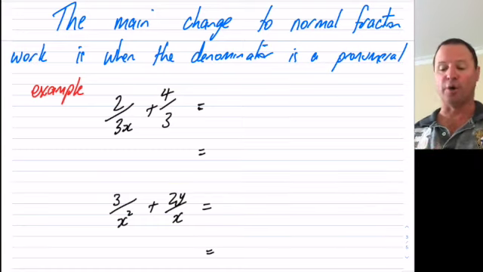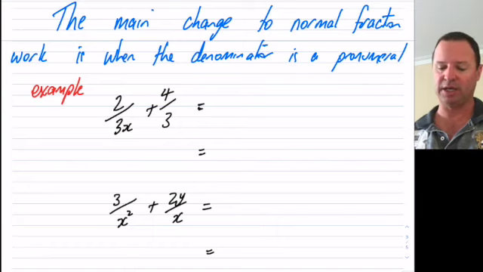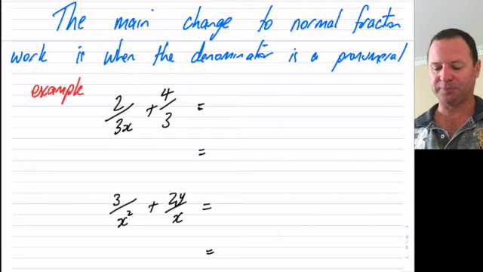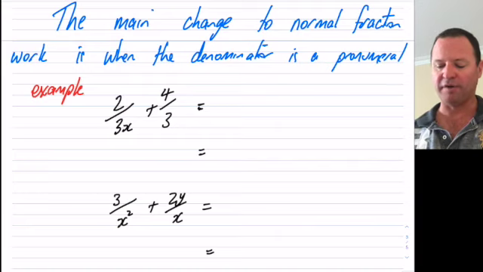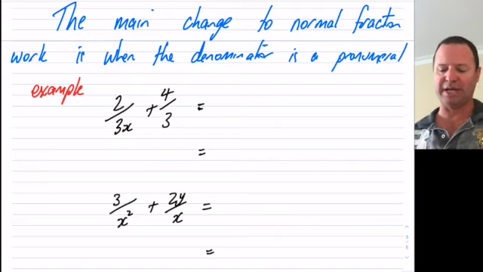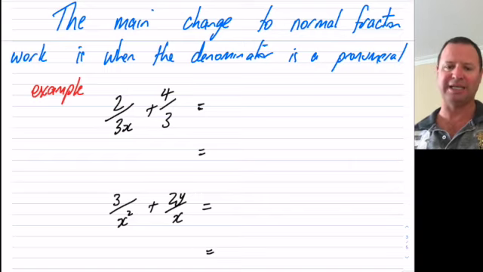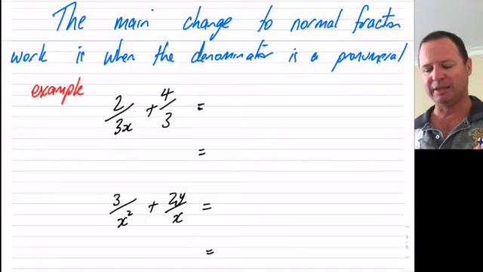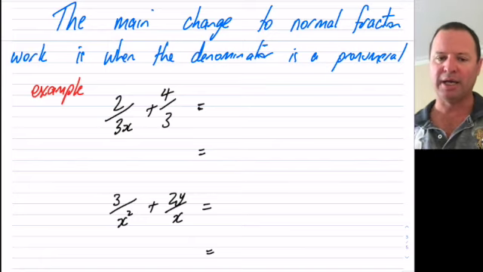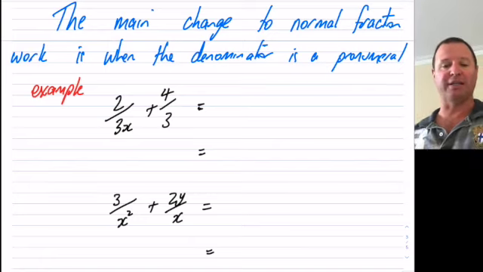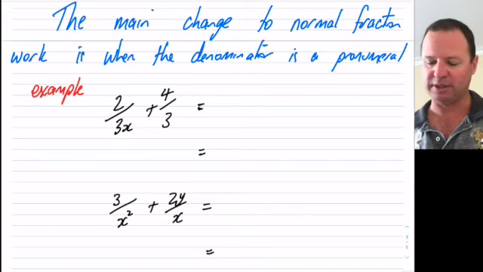All right? So the main change to the normal fractions work is when the denominator is a pronumeral. Okay? So I need to do some work on this one. So this time I'm looking for a common denominator between 3x and 3. Okay, I need to multiply one of those two terms to get them to be exactly the same. And this is a little bit harder. You hopefully would have done some work finding common factors between things in previous years.